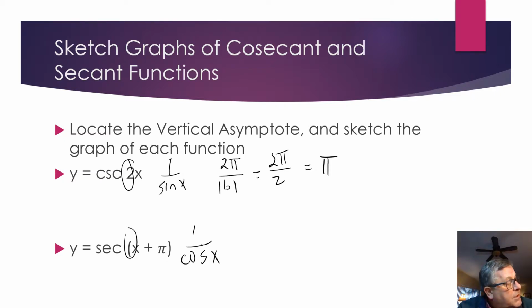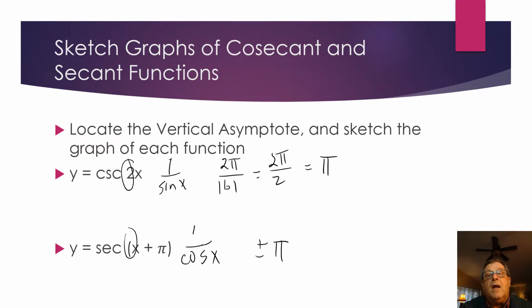That translation is c over the absolute value of b, and that's 1. So we should see a phase shift of pi. Well, let's move to the calculator and see what we got.